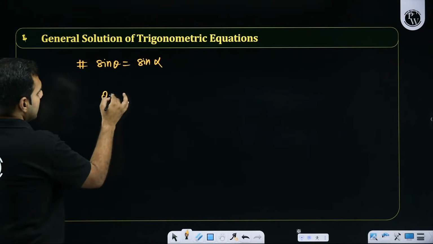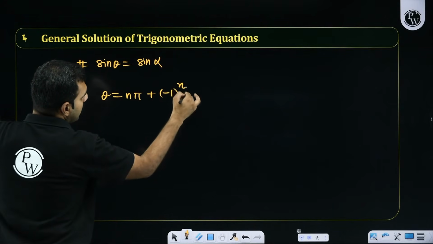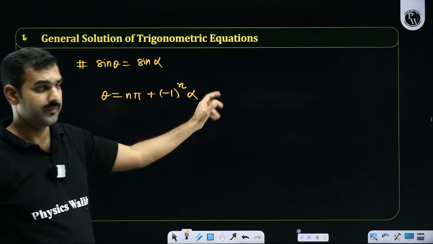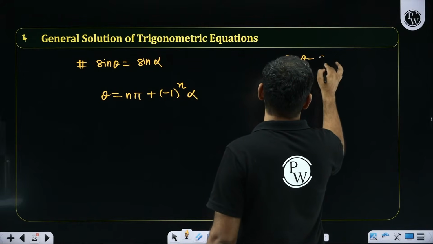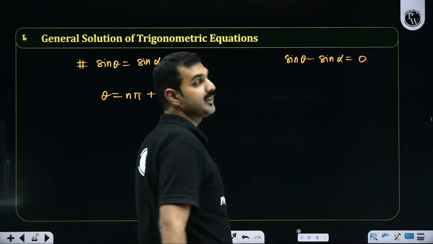Then we say theta is n pi plus minus 1 to the power n alpha. The derivation is really simple. You take alpha to the other side, you get sine theta minus sine alpha as 0. Now you help me, what is sine C minus sine D?